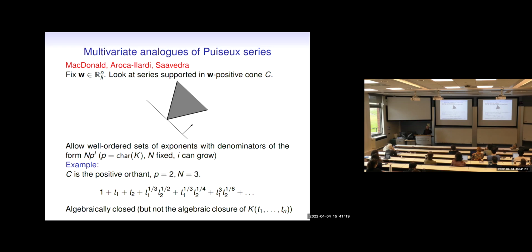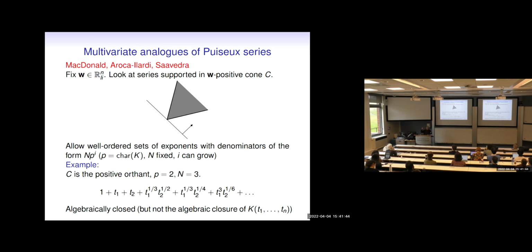What we're going to do here is choose a direction. That's the W, the little arrow. And we're going to take rational cones that live on one side of that hyperplane. That's where the exponents of my series can live. So if you want to write a series, you can just plot the exponents as points.